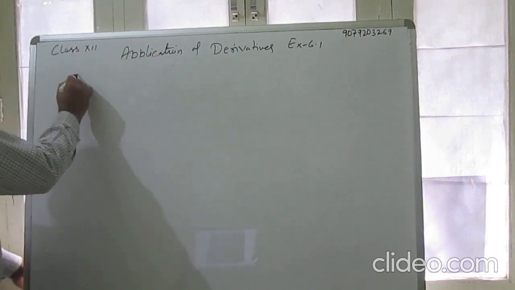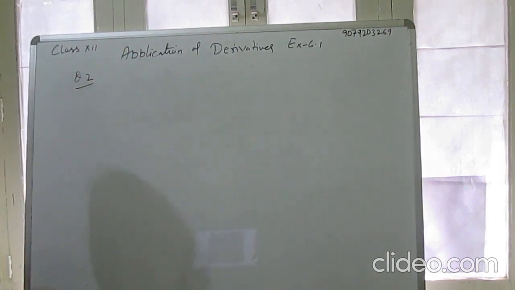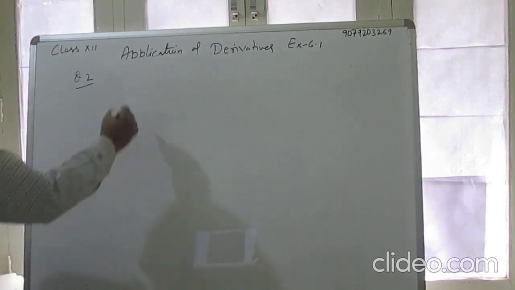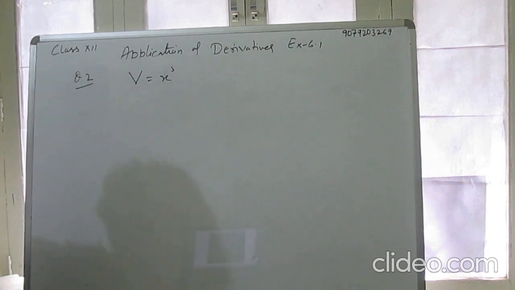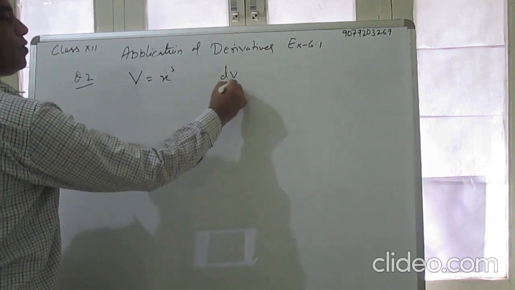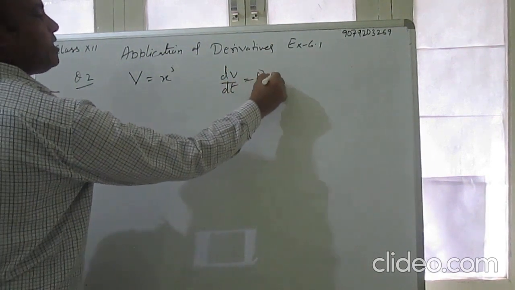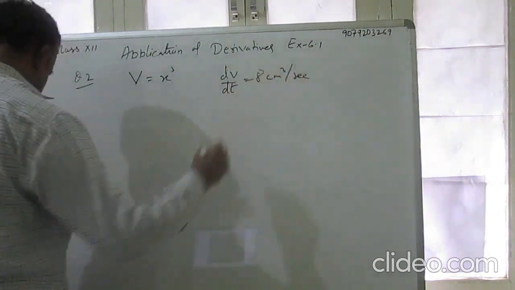Question number 2. The volume of a cube is increasing at the rate of, this is given to you, dV by dt is equal to 8 centimeter cube per second.